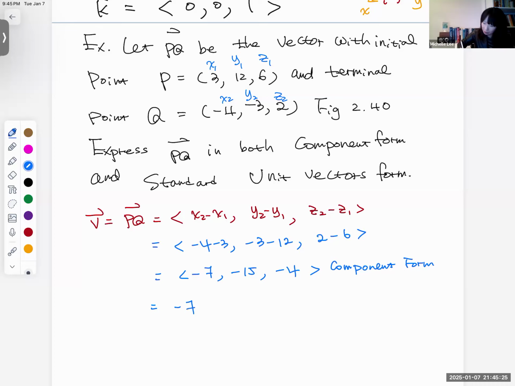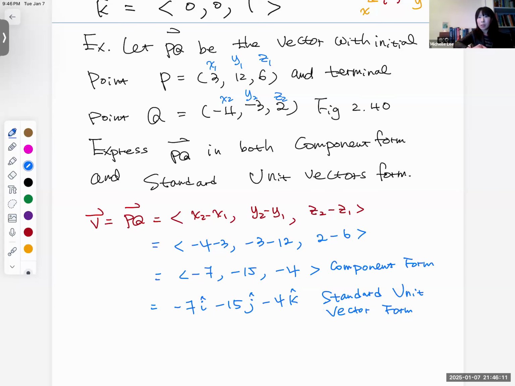So -7 i hat minus 15 j hat, -4 k hat. So that will be the standard unit vector form.